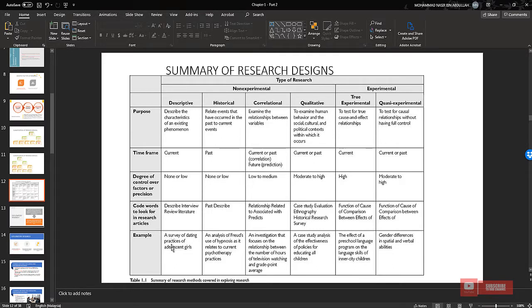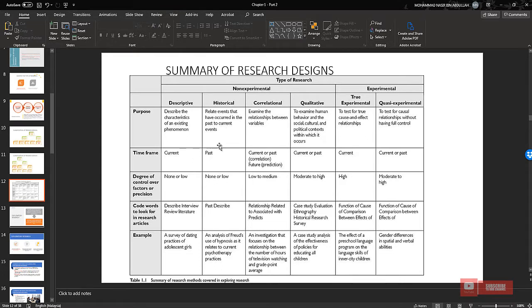So this is a summary of descriptive research. For historical research, sometimes there are several study designs, which we call retrospective research, or prospective research, which is for cohort or longitudinal research, right? The purpose of historical research is to relate the events that have occurred in the past to current events.